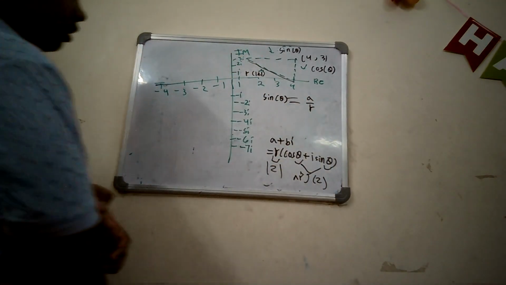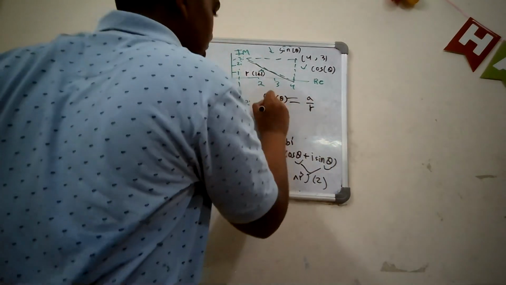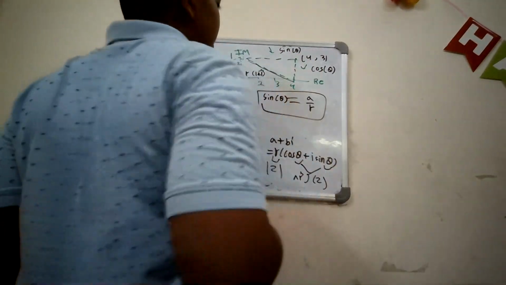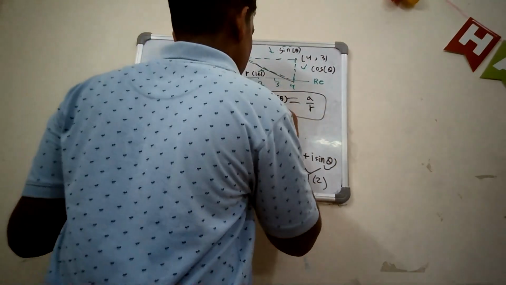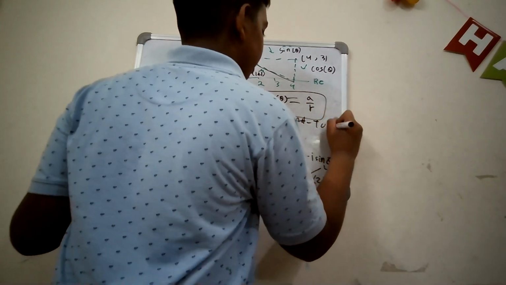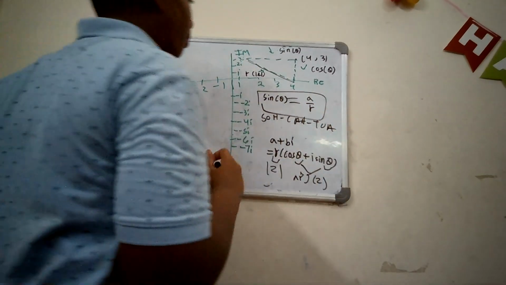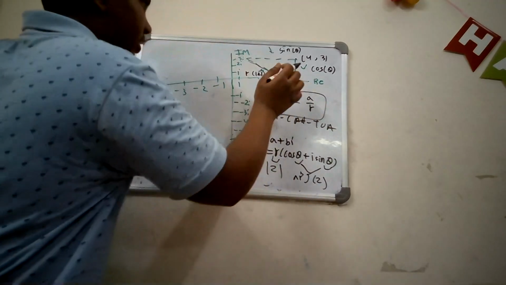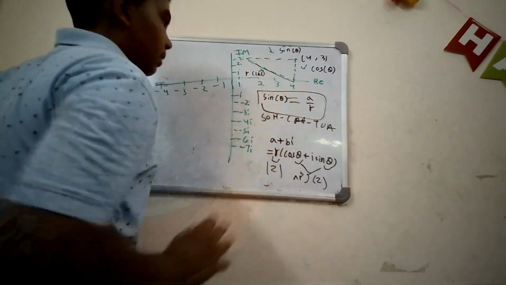Because in this case, sine would be equal to... We know SOH-CAH-TOA. So sine is equal to the opposite upon hypotenuse.